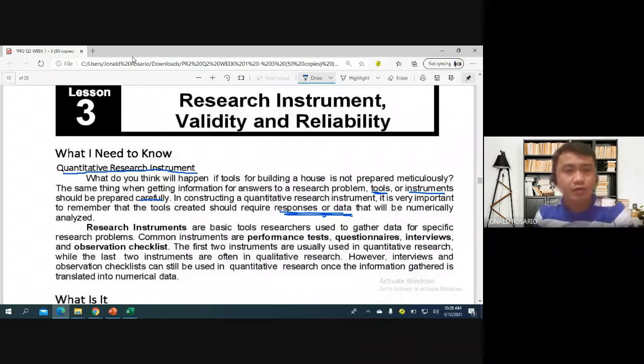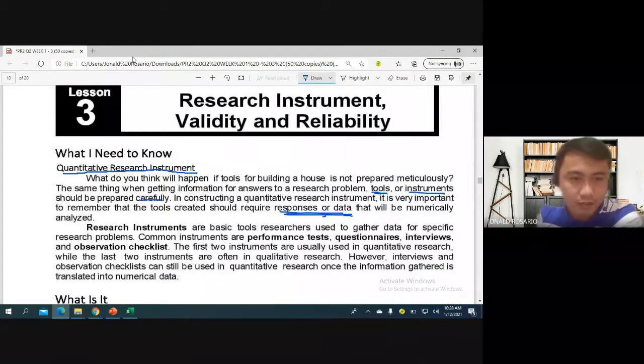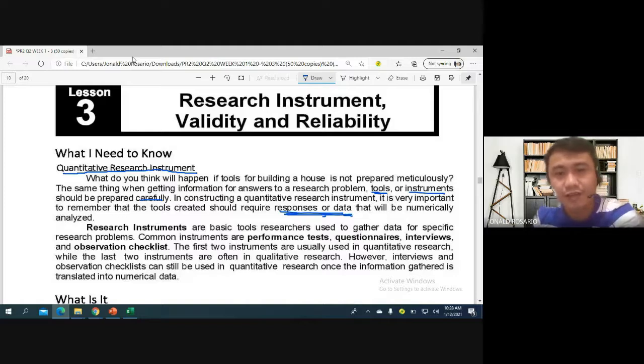So, to define what are research instruments, they are just basic tools researchers use to gather data for specific research problems.